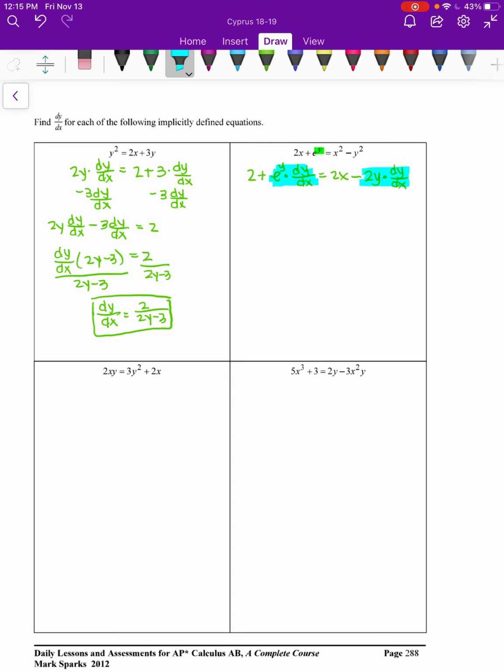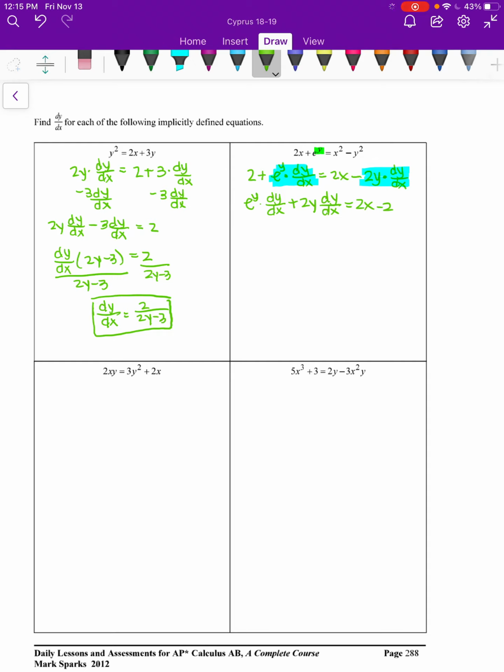So I'm going to add 2y dy dx to both sides and subtract 2 from both sides so that I can do this all in one motion. And I'll end up with e to the y dy dx plus 2y dy dx equals 2x minus 2.